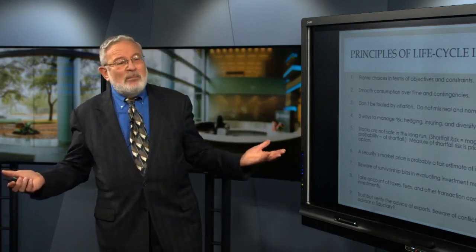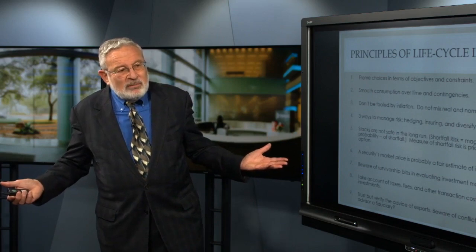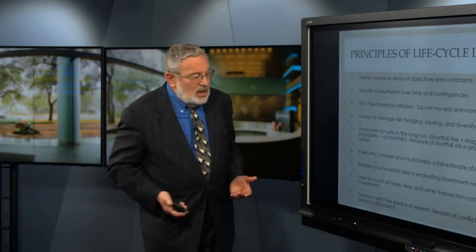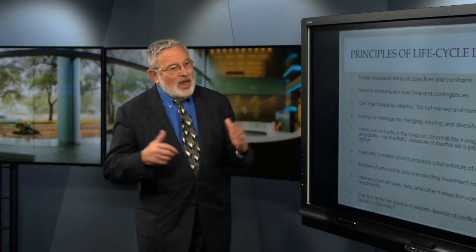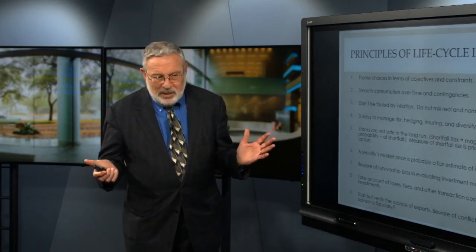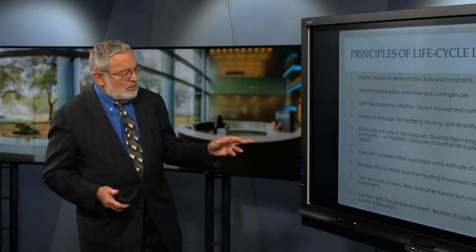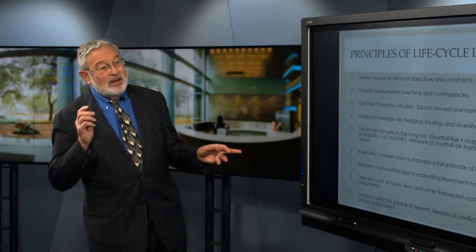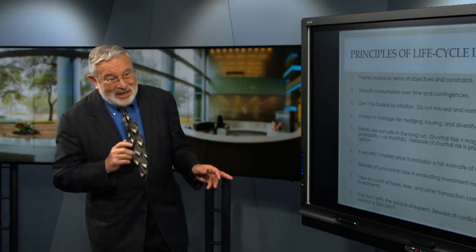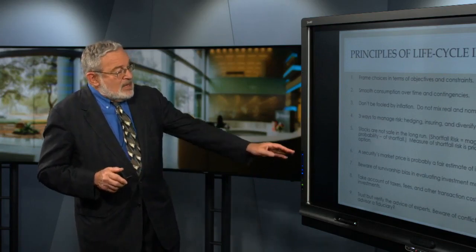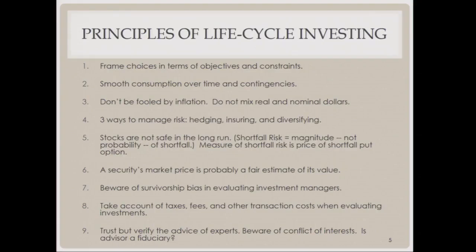So you're getting a meaningless picture of performance. That's not understood by most people, and it's very important. Certainly important for their financial advisor to recognize that. Take account of taxes, fees, and other transactions costs. Well, I don't have to tell advisors how important that is.